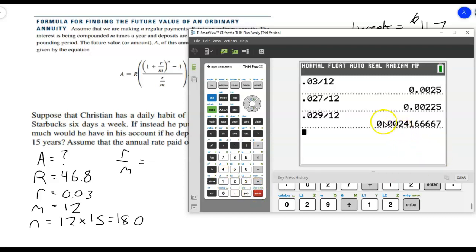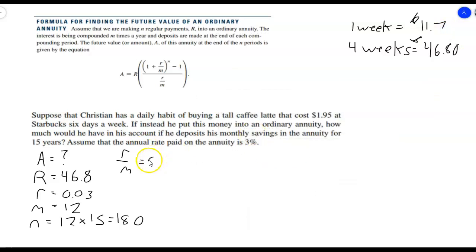There we go, this one would go on forever. If you get one of these in your answer, something that repeats, like 0.00241666666 repeating, go out a lot of decimal places, because it's really going to have a large effect on your final answer. So make sure that you use all of the decimal places that your calculator gives you for these problems. But here, we're only given 4, so we're fine.